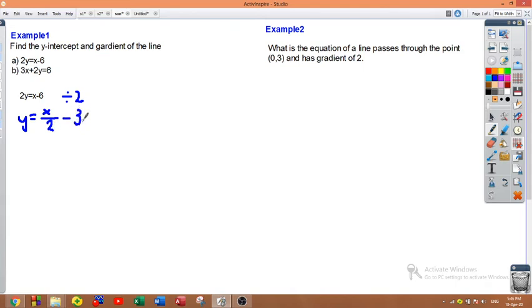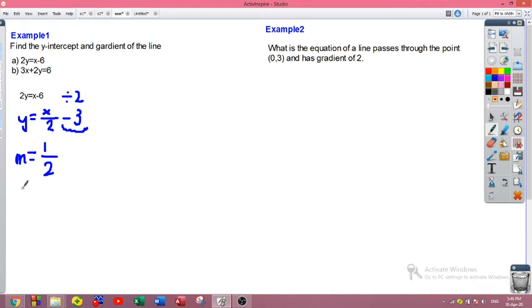Now y is the subject, and what will be the m and what will be the y-intercept here? Let's find m. m will be x over 2, it means 1 over 2. Now look here, I have minus 3.